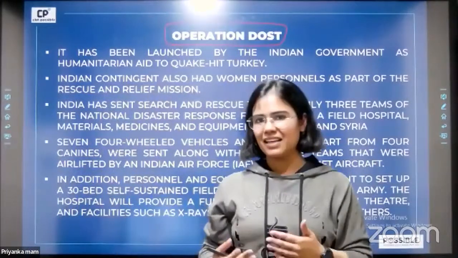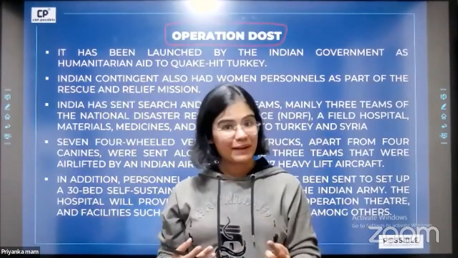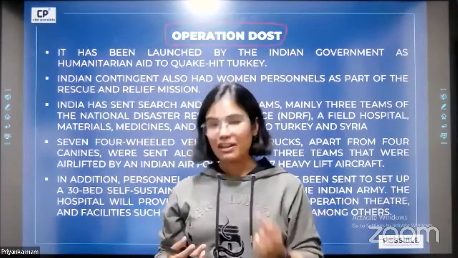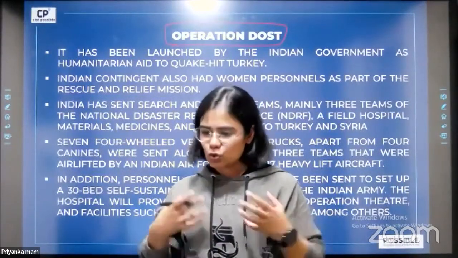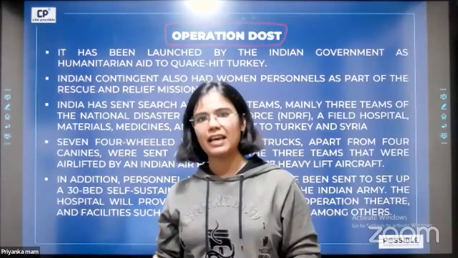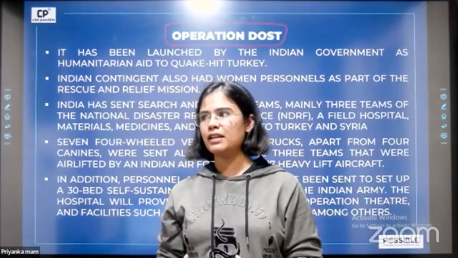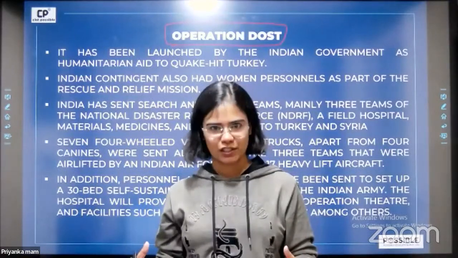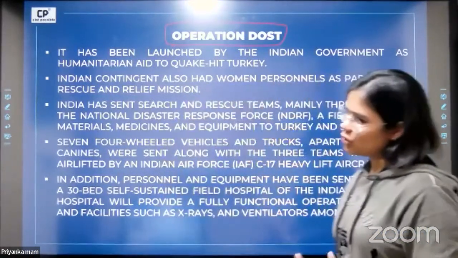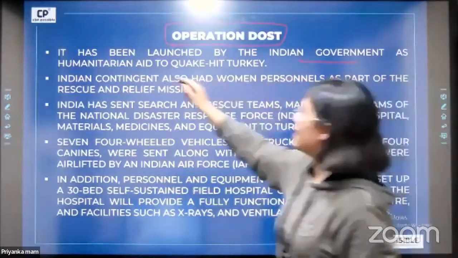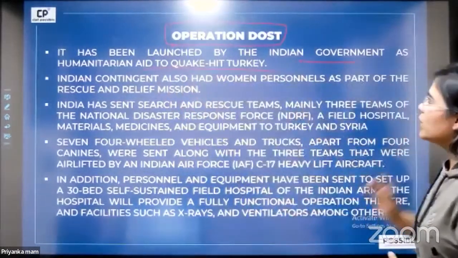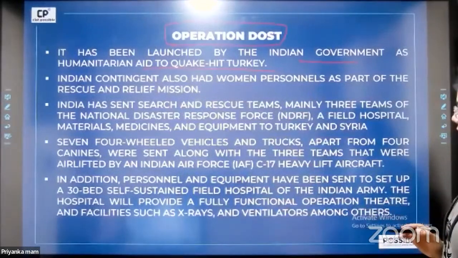But at the end of the day, this is one planet, and one family. So we are going to send our people to this area to take care of the people who have been devastated by this earthquake. This has been launched by the Indian government as humanitarian aid to quake-hit Turkey.